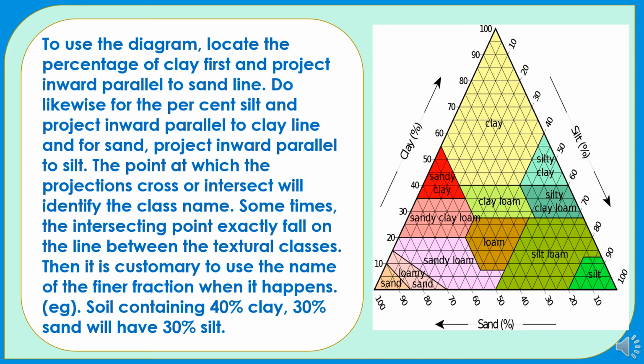Sometimes the intersecting point falls exactly on the line between textural classes. Then it is customary to use the name of the finer fraction. For example, soil containing 40% clay and 30% sand will automatically have 30% silt.